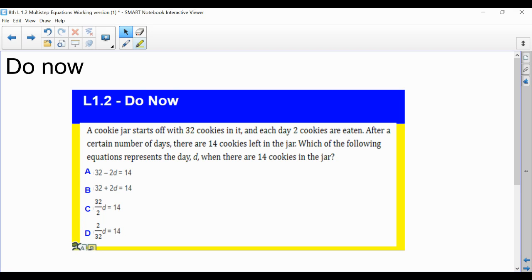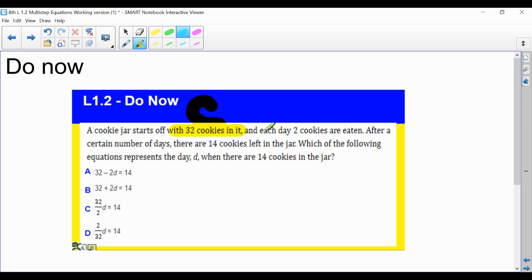Okay, so let's start looking at information. We have 32 cookies in the jar. That's the first piece of information we're given. So if you think about 32 cookies, that's never going to change, right? The jar starts off with those 32 cookies. I know if it doesn't change, that's the constant.